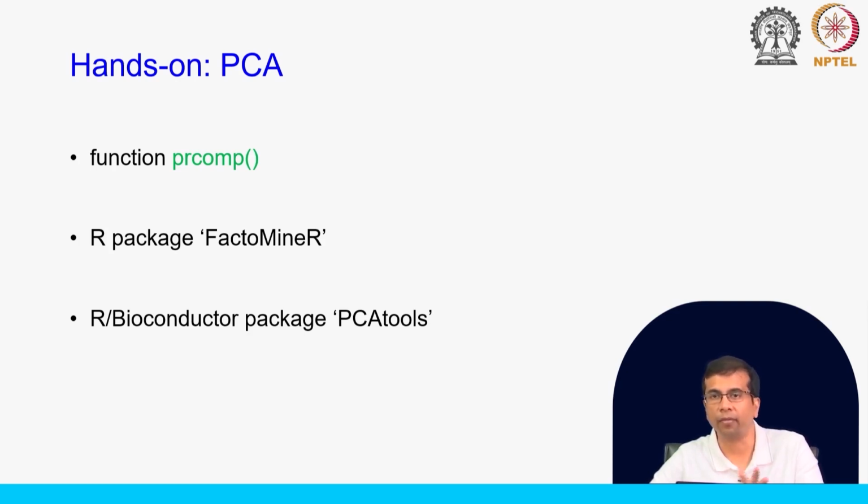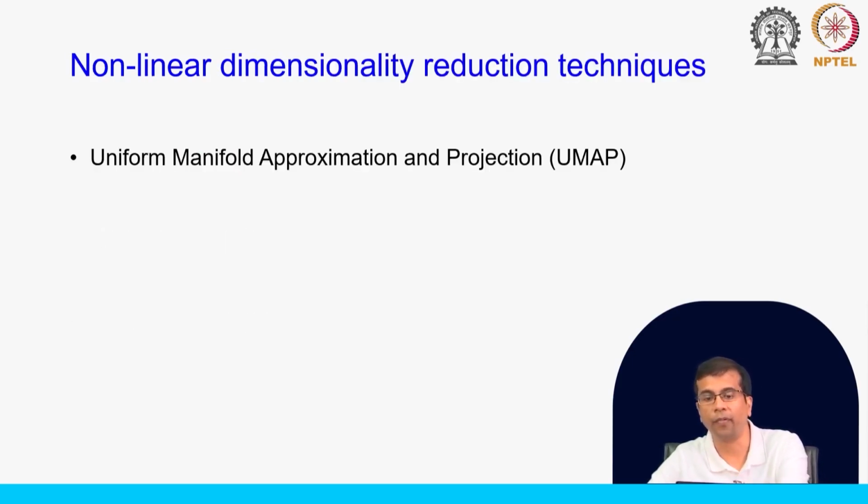So, we have now understood the linear dimensionality reduction technique, which is principal component analysis, and we will explore this further with the hands-on part. Before we go into the hands-on, I just wanted to very briefly mention there are non-linear dimensionality reduction techniques as well, and one of them is called uniform manifold approximation and projection, or UMAP.